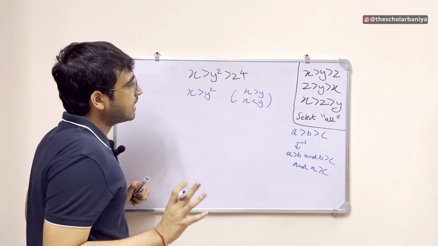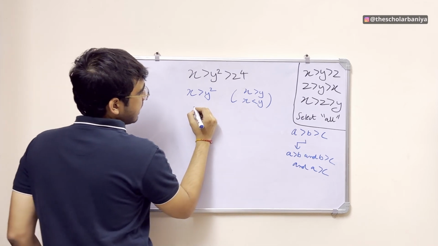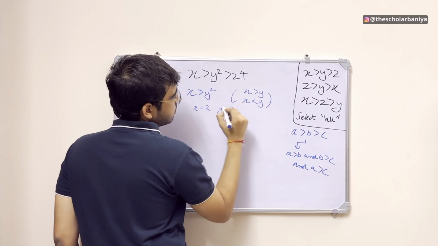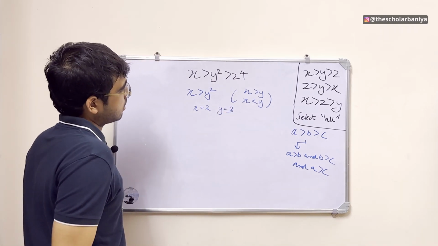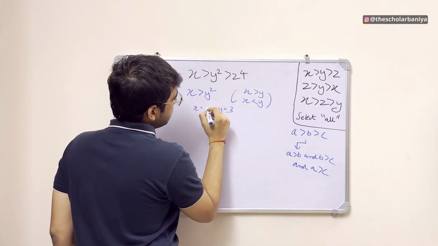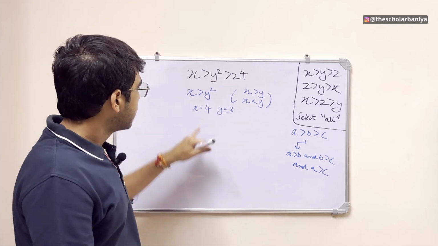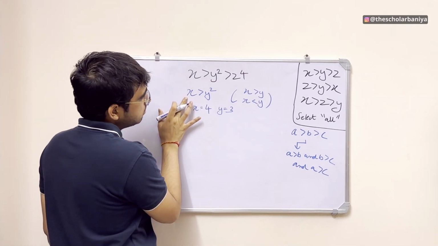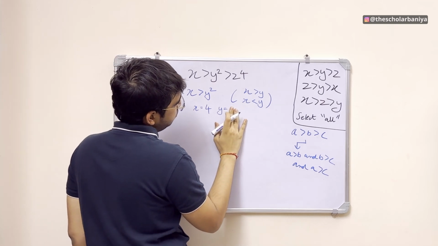So again, let's assume that, for example, x is equals to 4 and y is equals to 1.